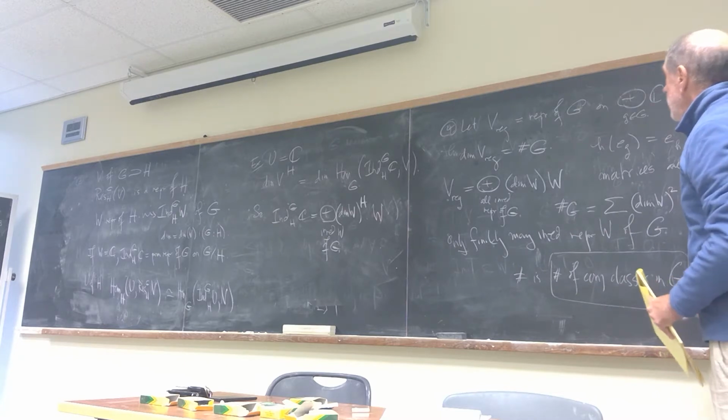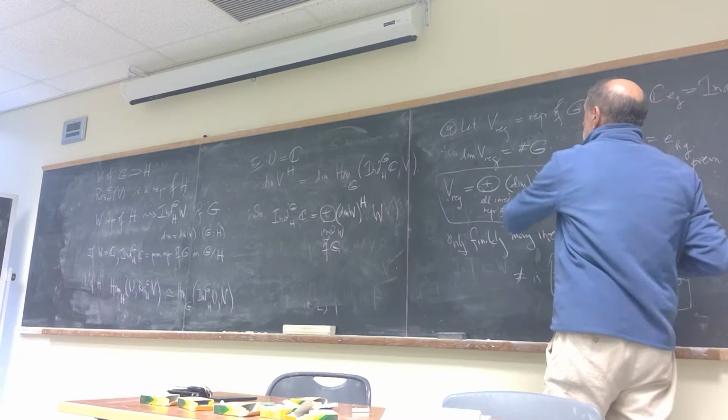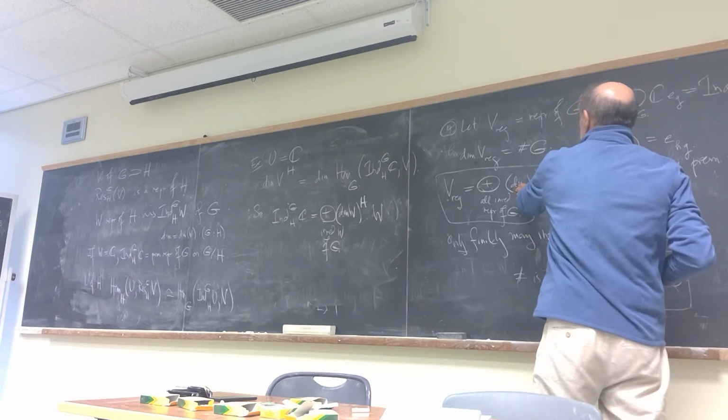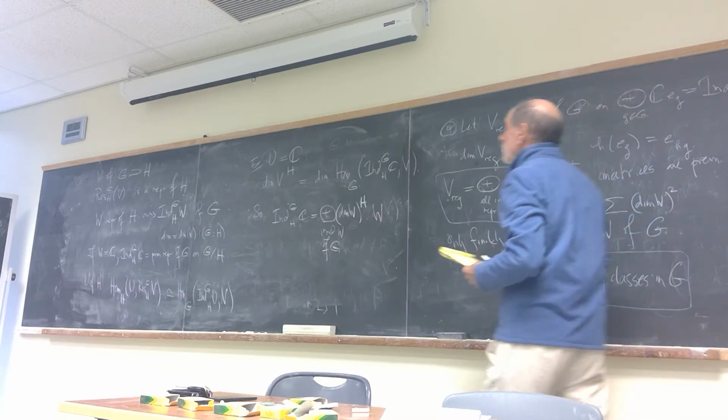Consequently we have a generalization of this formula: the dimension of W fixed by the trivial group is just the dimension of W. And here's the general formula.